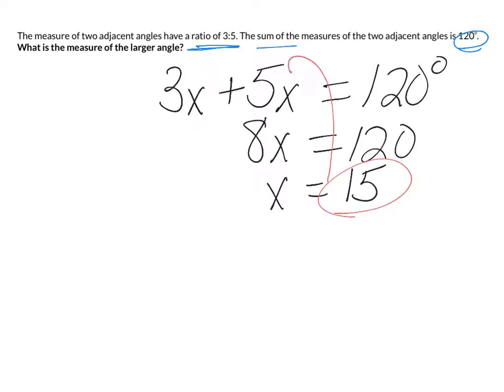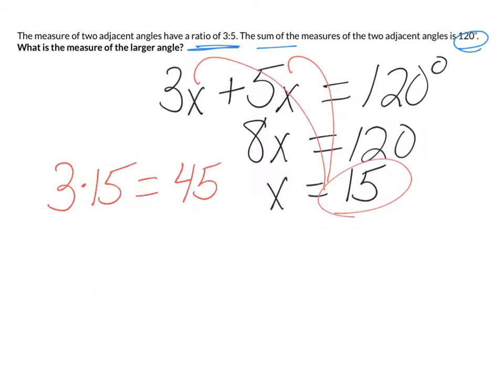Now, let's plug this 15 back in to these two numbers. Okay, as I said earlier, the ratio of 3 to 5 means that it's going to have a constant that they both go up by. And we found that that constant is 15. So if I take 3 times 15, I'm going to get 45.